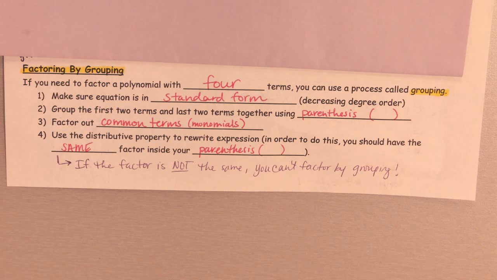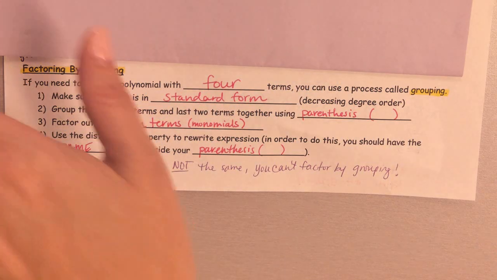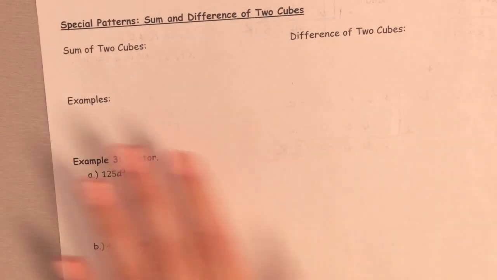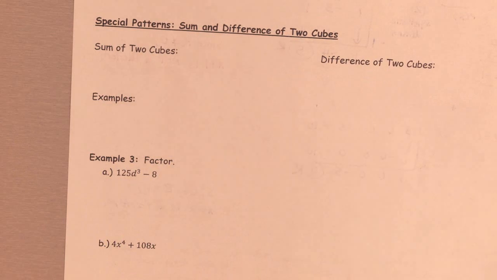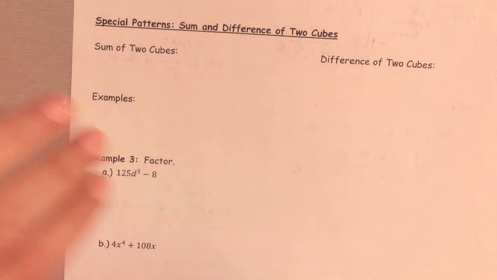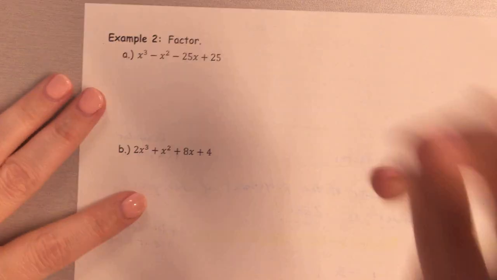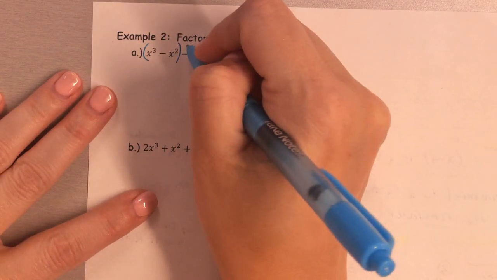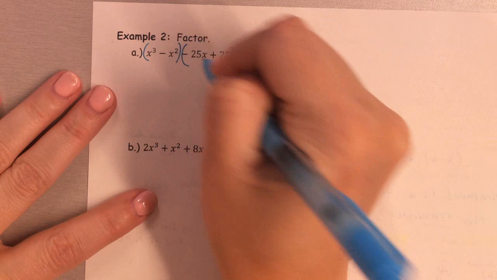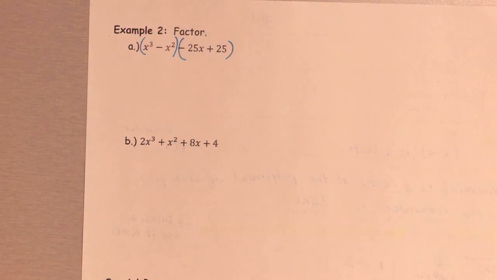And then you're only going to look at the first two terms to see what you can factor out, okay? So I have x cubed minus x squared, and we are going to group those two together. And then don't forget the sign in front. That should be the negative 25x plus 25.